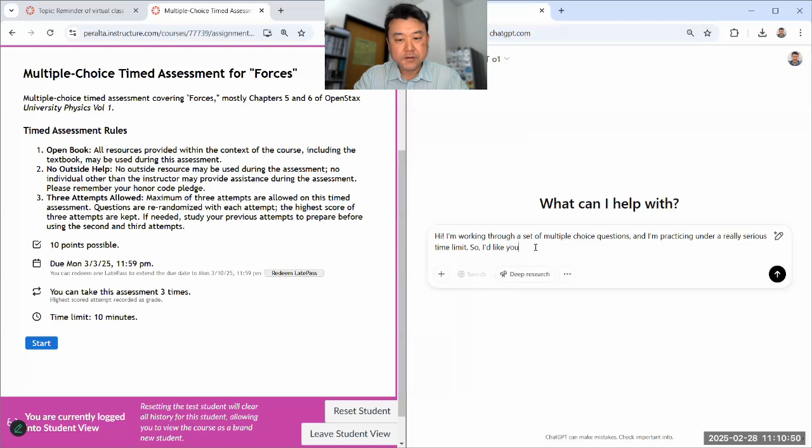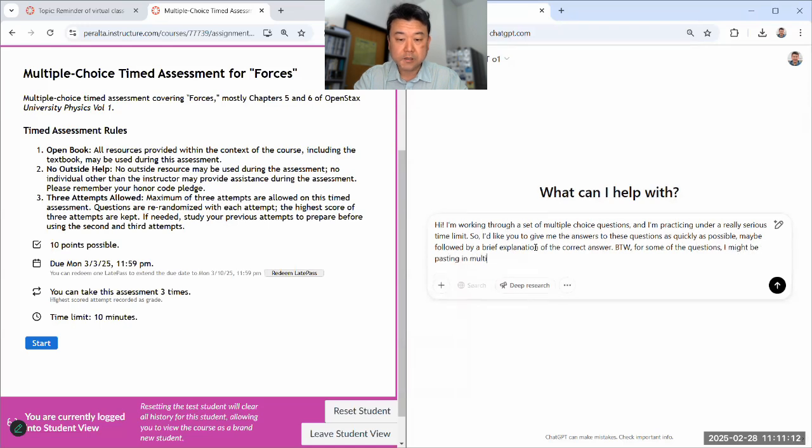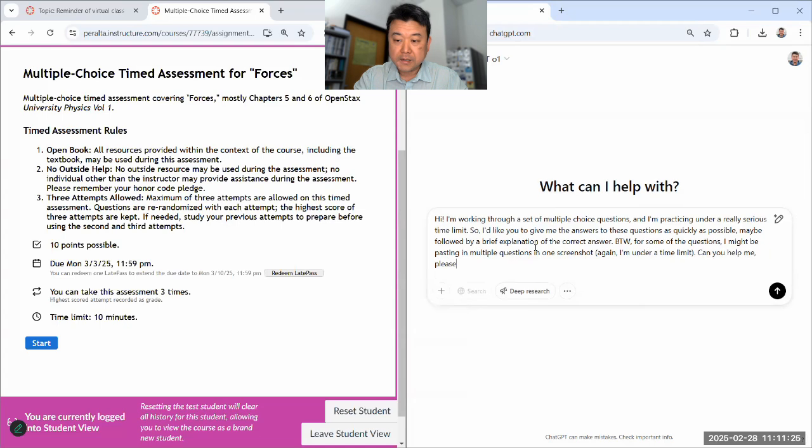So I'd like you to give me the answers to these questions as quickly as possible, maybe followed by a brief explanation of the correct answer. By the way, for some of the questions, I might be pasting in multiple questions in one screenshot. Again, I'm under a time limit. Can you help me, please?